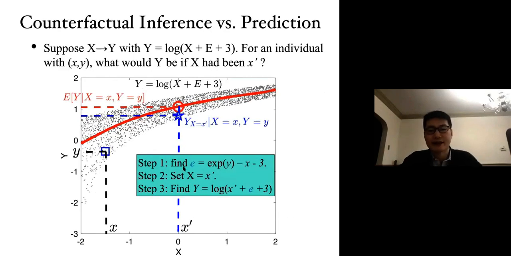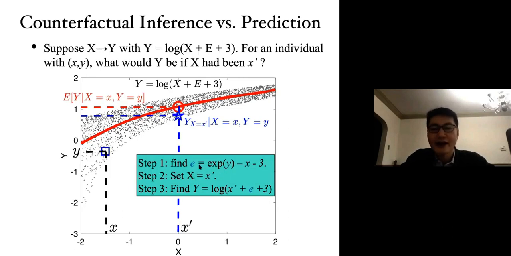Here you can see the example. From the XY observation evidence, we can find the value of E. Remember, E represents my specific property, which is independent from attendance rate. After I find E, I just set the value of X to X prime.